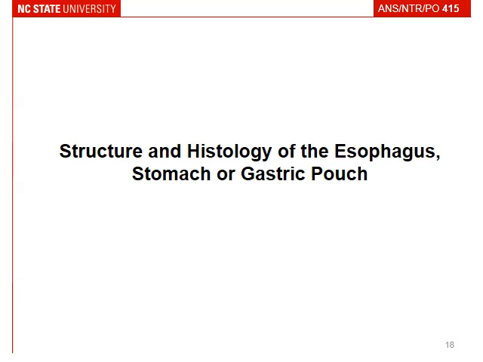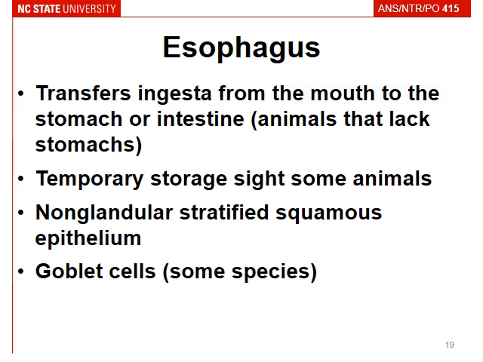Okay, next we're going to discuss the structure and histology of the esophagus and stomach, also referred to as the gastric pouch. So after we leave the oral cavity, the food moves down and it first enters the esophagus. So this is the part where we transfer the ingesta, because once food is in your mouth, we refer to it as ingesta. It's the passageway from the mouth to the stomach, or directly to the intestines for animals that lack stomachs.